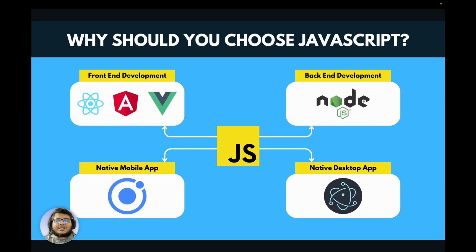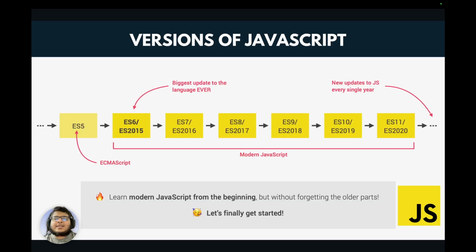There are a lot of versions of JavaScript. The biggest update ever was made in 2015, which is ES6. ES6 stands for ECMAScript. Currently we have ES14, which was released in 2023.